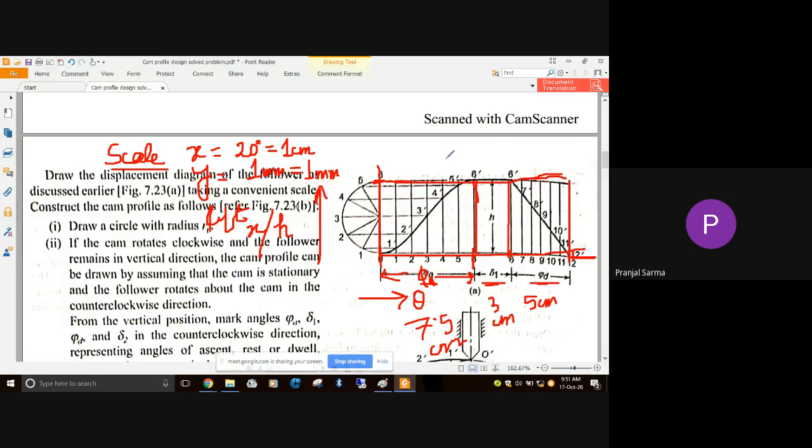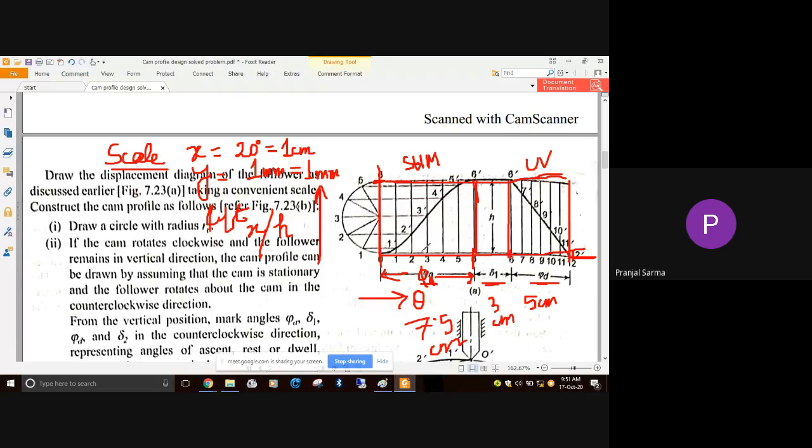We should divide the ascent stroke and descent stroke into a certain even number of parts. So as per the question, the ascent stroke is with SHM, the descent stroke is with uniform velocity. For SHM we already recall.